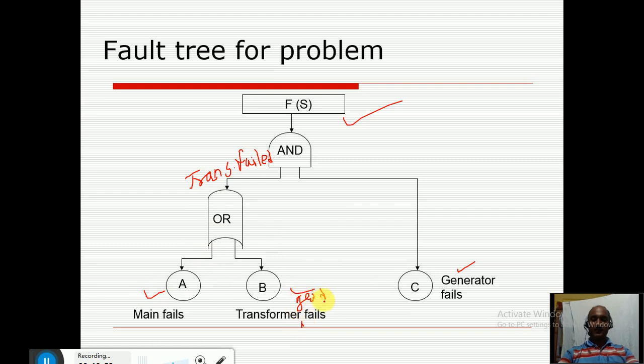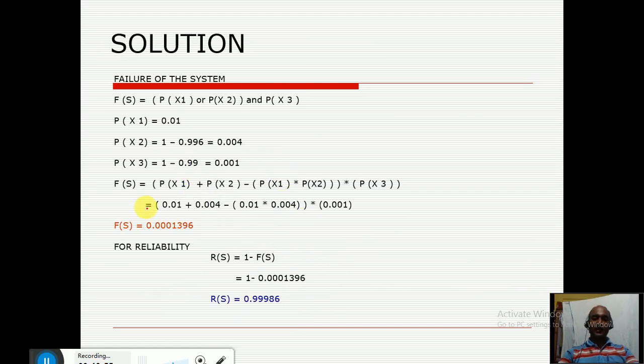And the reliabilities or the probabilities of all these are given. So we'll put that in the equation simply. F of S, already we have seen this formula: P of x1 plus P of x2 minus P of x1 into x2. Then the third is there, so we multiply this with P of x3, since this is in parallel. Then you are going to get the failure of the system, F of S equal to 0.0013.